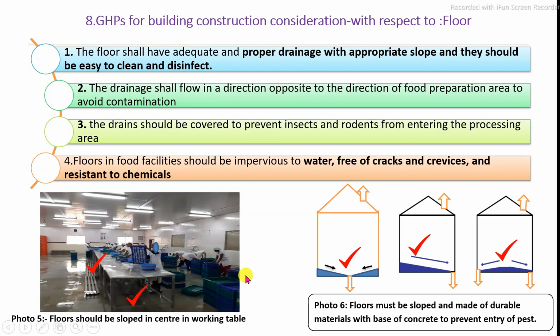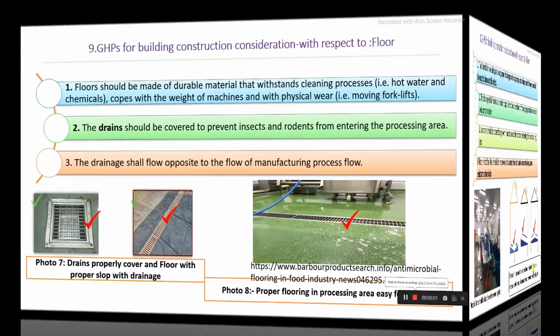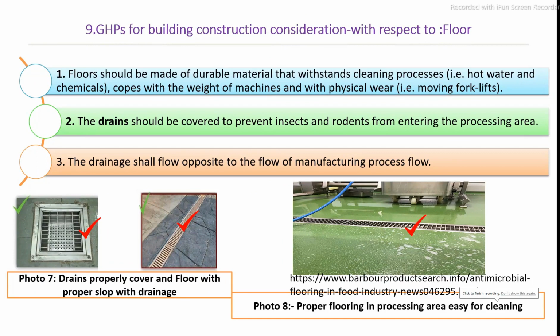It is also required to control internal rodent and insect entry points, and properly seal the gap between the flooring and the wall at the entry point. You can see in this photo how the proper flooring and drainage system is required in the food processing premises.